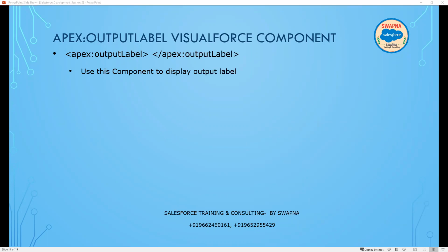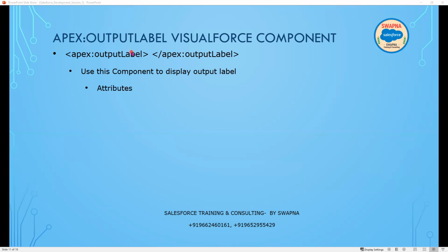Right now I'm just displaying the output labels as text, but actually it is a label. Similarly, when you go to Salesforce, there is a standard way of displaying a label instead of hard coding it.